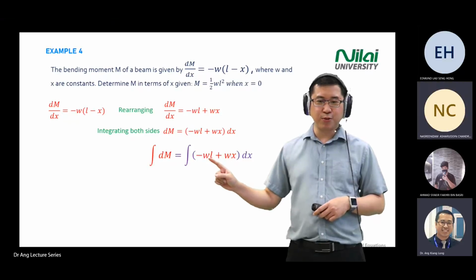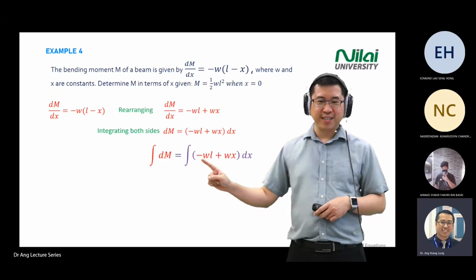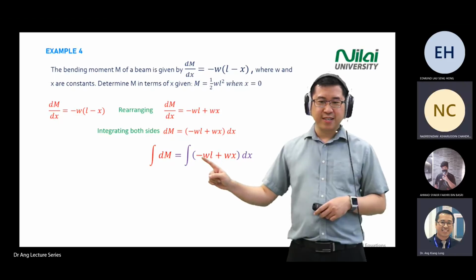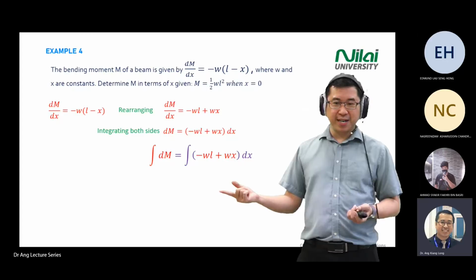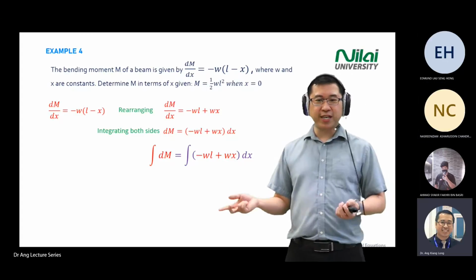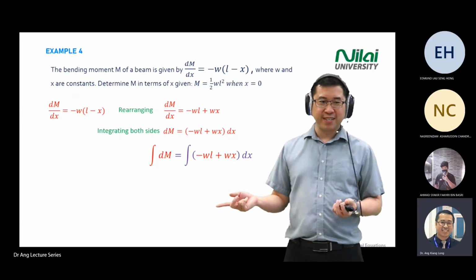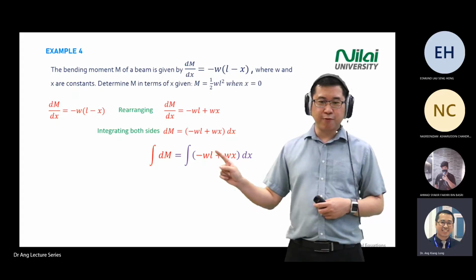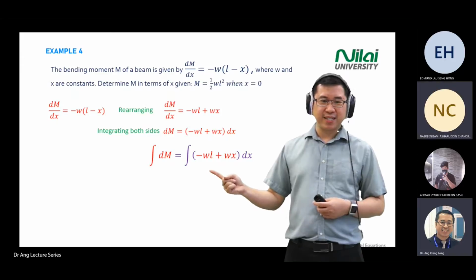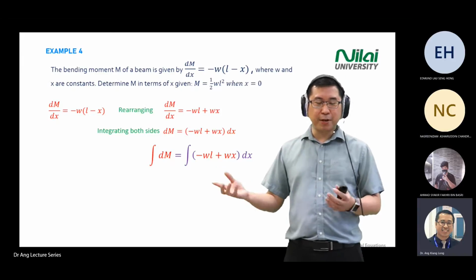You just continue to use this one. No, WL is a constant number, right? Why do you want to break the number? You see this one as a full number. You will get WLx, right? WL is a multiplication. Let's say you take 4 multiplied by 5, you get 20, right?